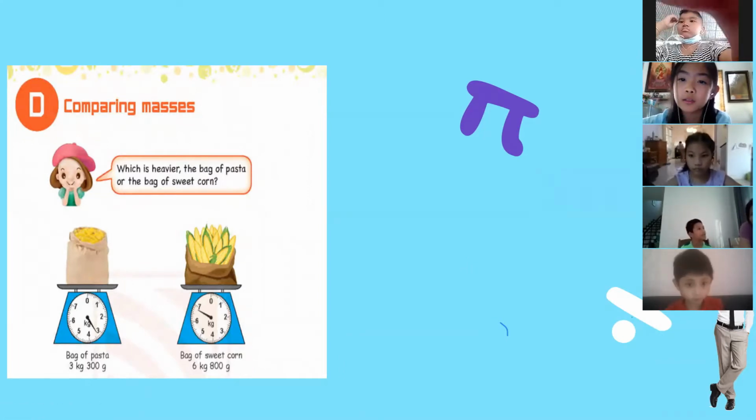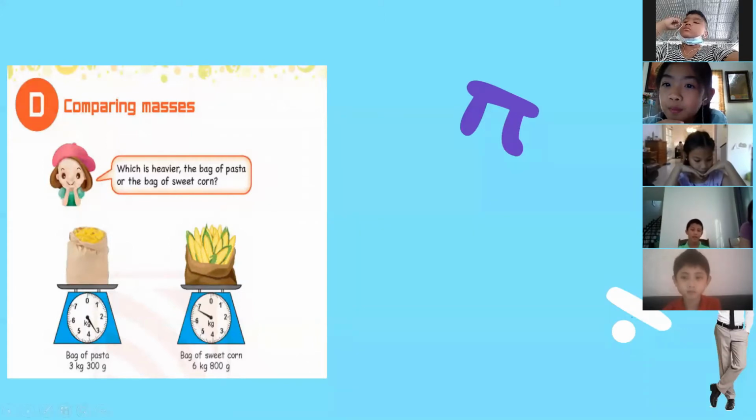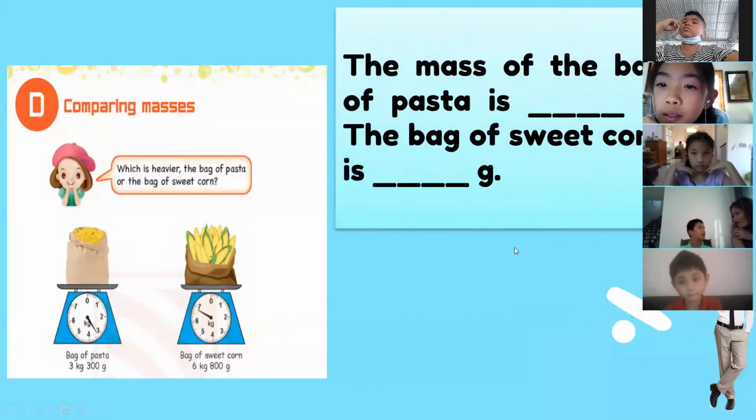Why? What's the mass of the bag of sweet corn? 6 kilograms 800 grams. I see.